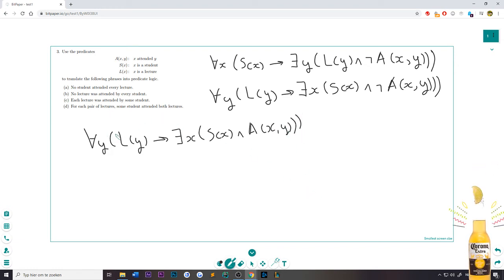So as you can see, C is the opposite of B, right? They're exactly the same except for the last statement, where here it's saying that for every lecture there was one student that didn't attend, and this one is saying for every lecture there was a student that attended. Okay.